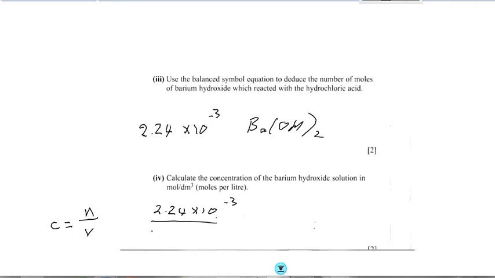Our volume is 25 cubic centimeters. We need to divide that by 1,000 though to get it into decimeters cubed, and that gives us a concentration of the barium hydroxide as 0.0896 moles per decimeter cubed. I'll just write capital M there.